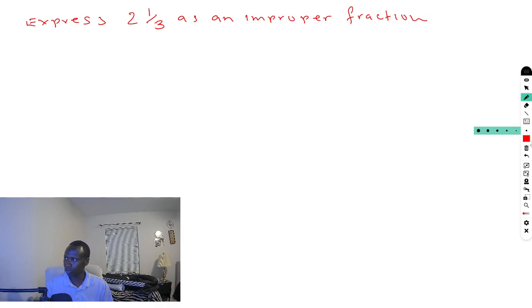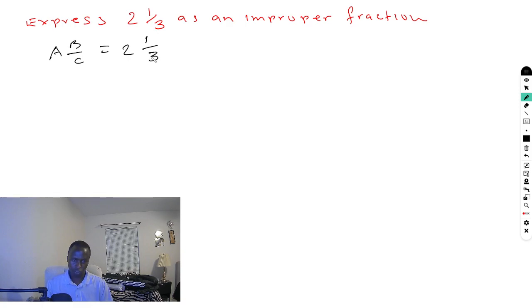Let me change the color, let me go with black. How do you solve this one, guys? To express this into an improper fraction, there's a formula, and it is not a formula that you need to cram. Let's take for example a b over c, where a stands for 2, b stands for 1, and c stands for 3.